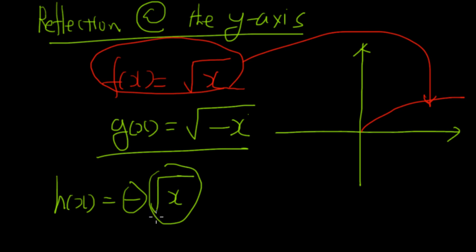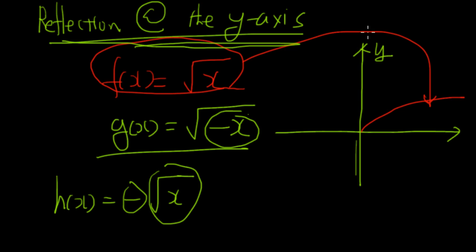In this case, you're not taking minus on the entire function, you are taking minus on the x only. Then it's going to be a reflection about the y-axis. So this red graph is going to reflect about the y-axis, so it's going to be something like this.